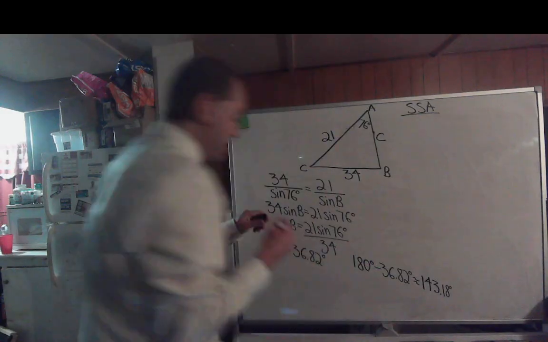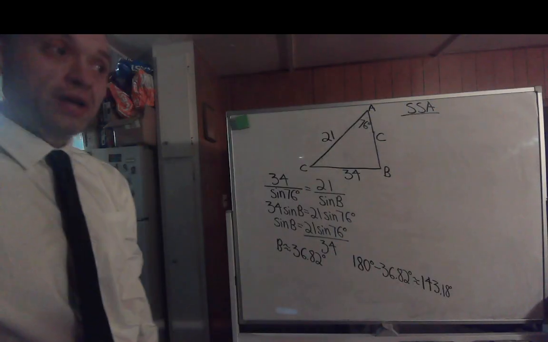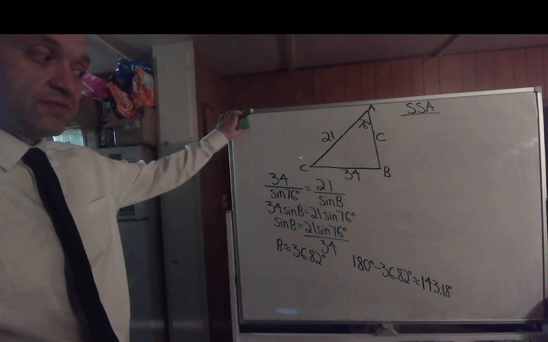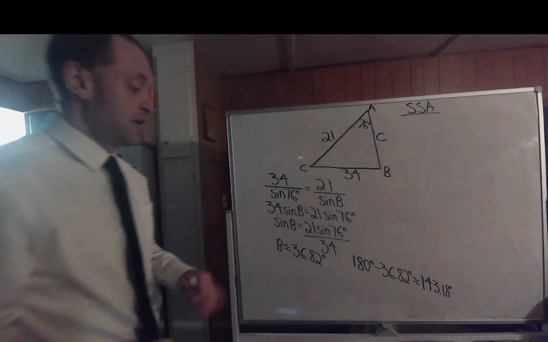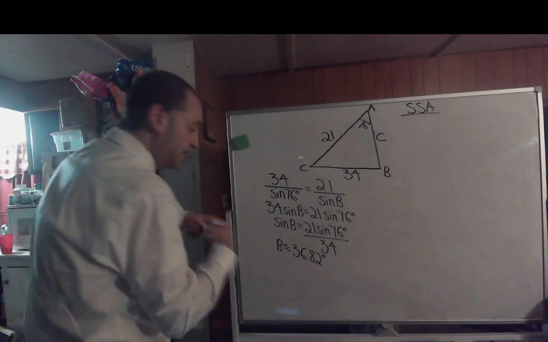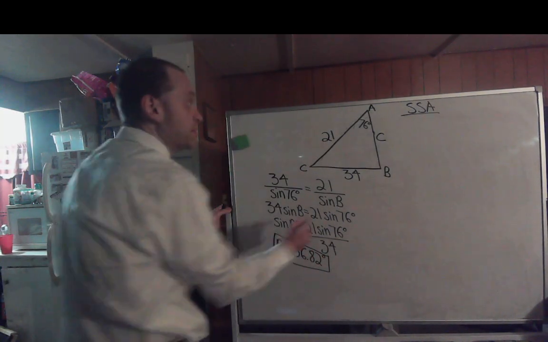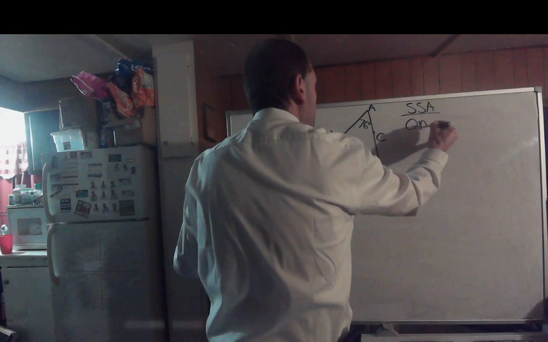Well, 143.18 plus 76 would put you well over 180. That'd put you well over 200 degrees. So that second possible angle definitely doesn't work. So that means angle B only equals 36.82 degrees. So that means we have only one triangle that's possible.